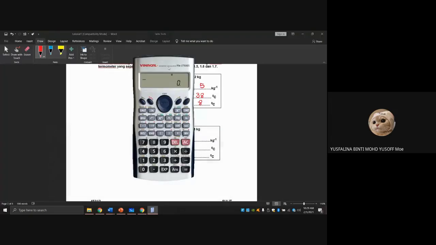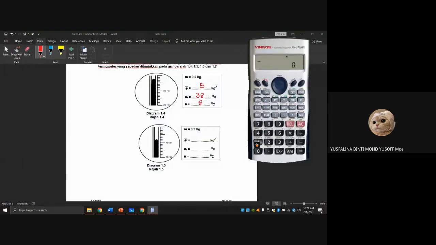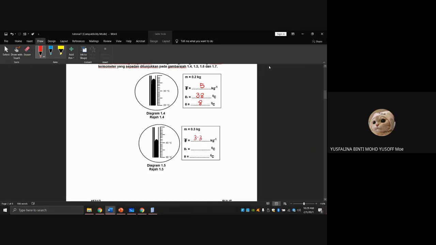So 1 divided by 0.3, you got 3.3333333, right? If like this, you have to take 2 decimal points. This is the first decimal point, this is the second decimal point. So take until 2 decimal points. So it will be 3.33. Are you clear?